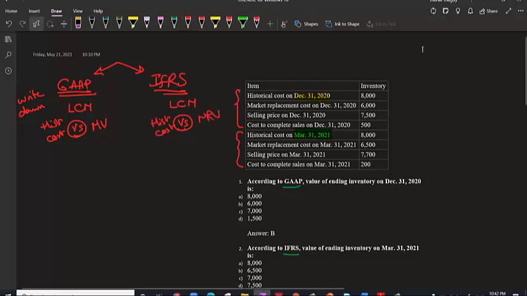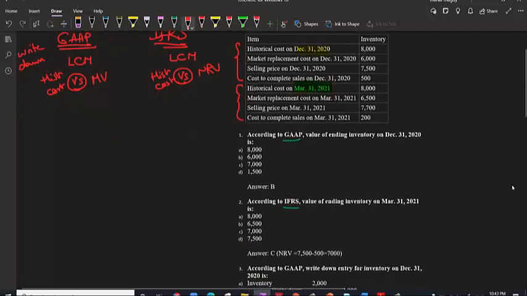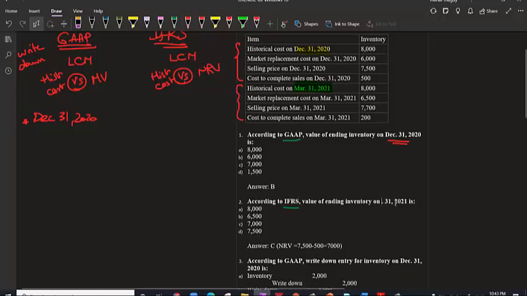Okay, so let's apply. If we're going to apply GAAP, then we have to compare at December 31, 2020. That is our question here. Sorry, it's written here wrong. It's December 31, 2020. You're asked to apply GAAP, and you're asked about the value of ending inventory.